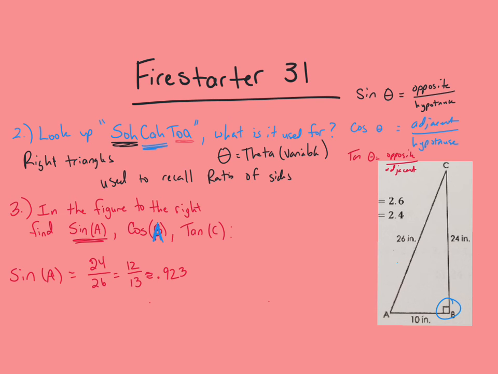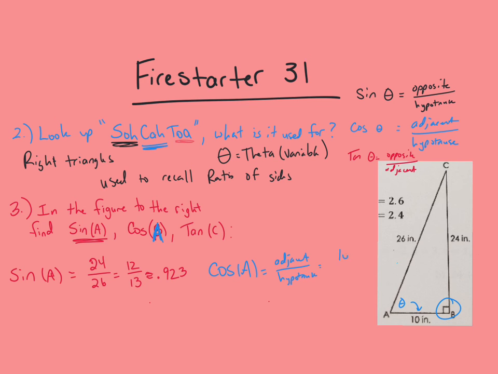So cosine of A. Remember, it's going to be the adjacent, which is the side right next to it, not the hypotenuse. It can't ever be the hypotenuse. So it's the adjacent over the hypotenuse.